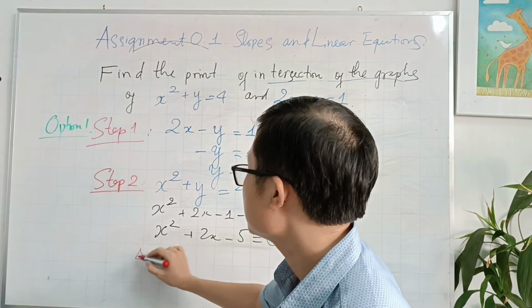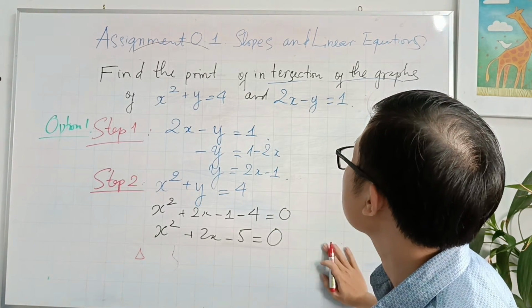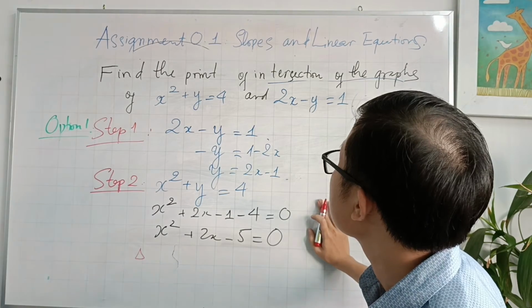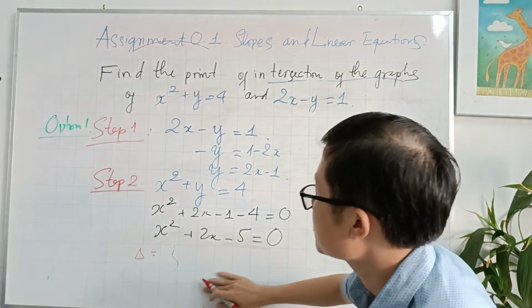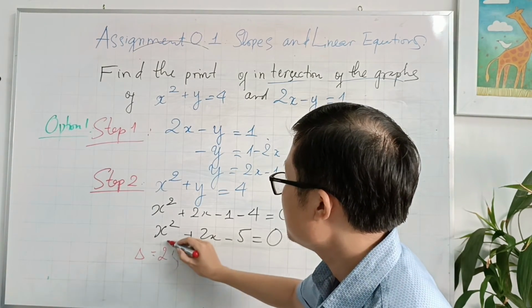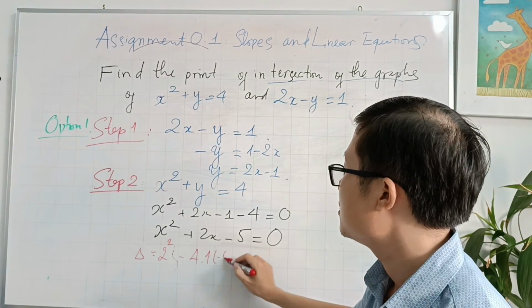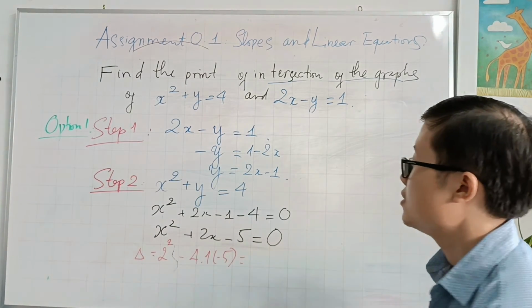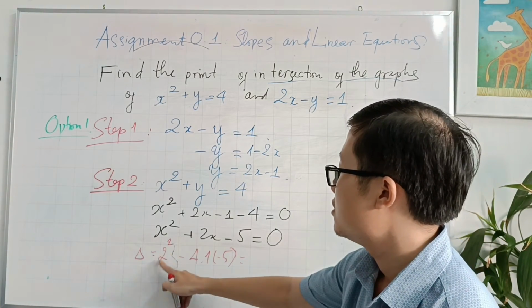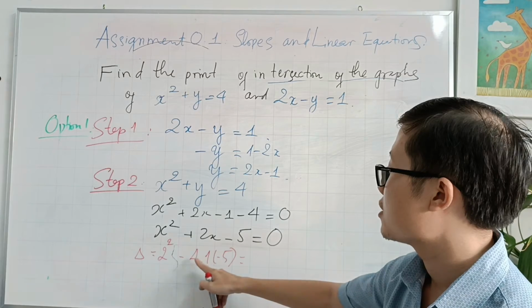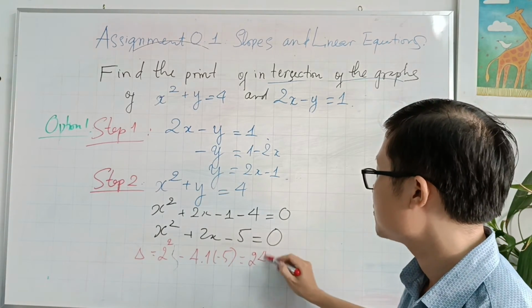We have delta equals b squared minus 4ac. So it is 4 plus 20, which is 24.